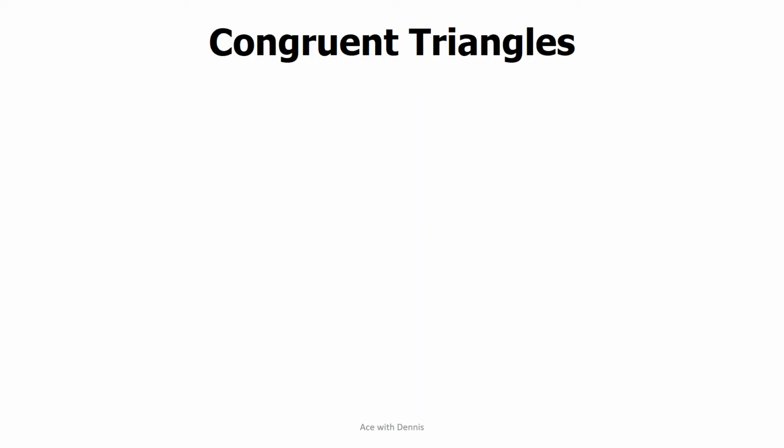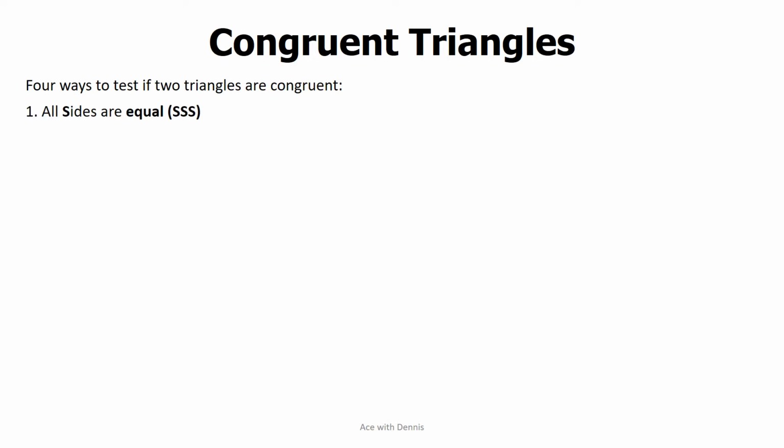Congruent triangles. There are 4 ways to test if two triangles are congruent. The first way is all sides are equal, or in short form, SSS. Let's look at these two triangles. The first triangle is triangle ABC, and the second triangle is triangle PQR.